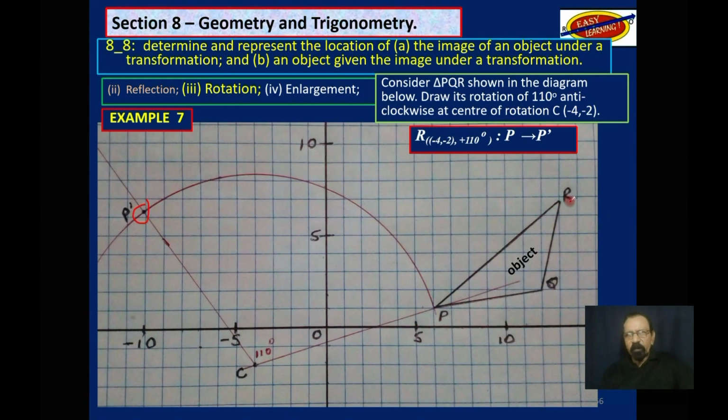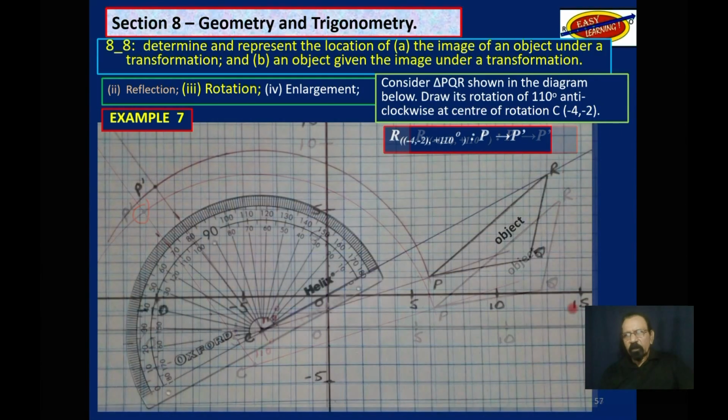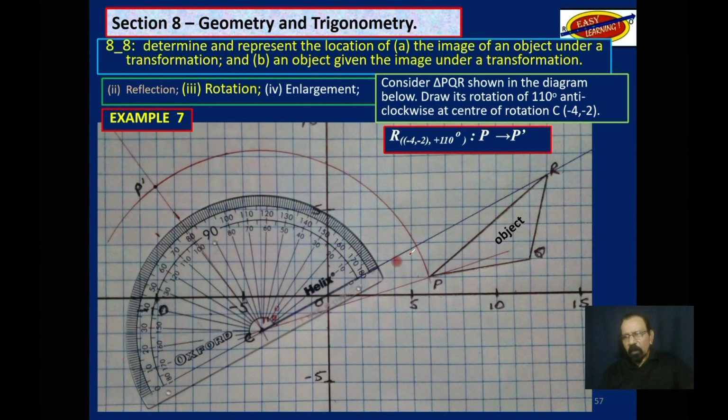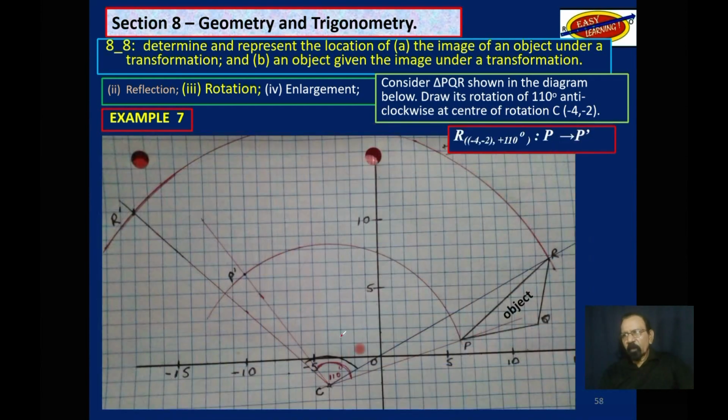Obviously, we do the same thing with those other two. With R, draw that line, measure 110 degrees, then you will draw a line through here and take an arc from R going all the way out there, which gives us R prime.